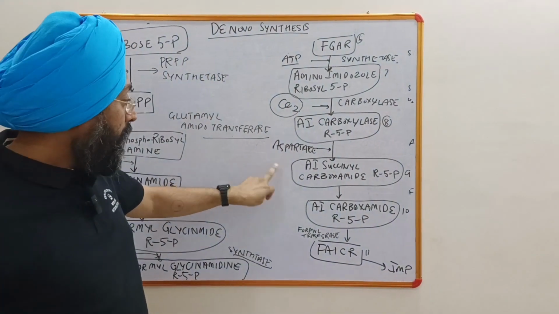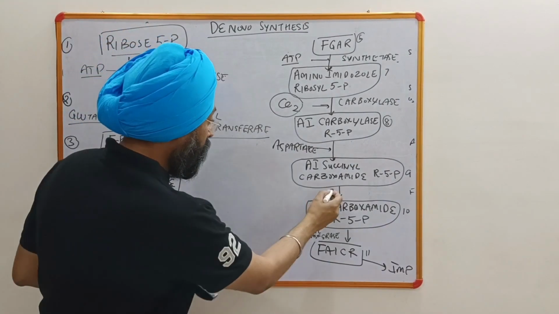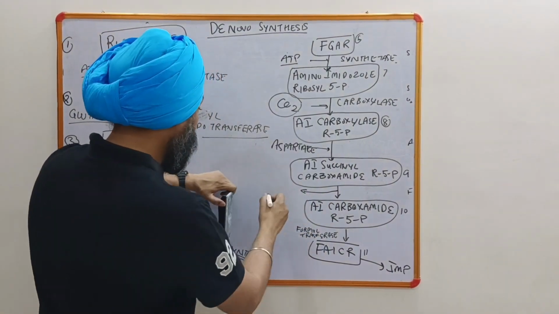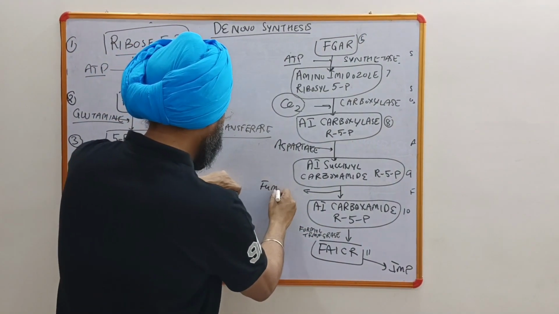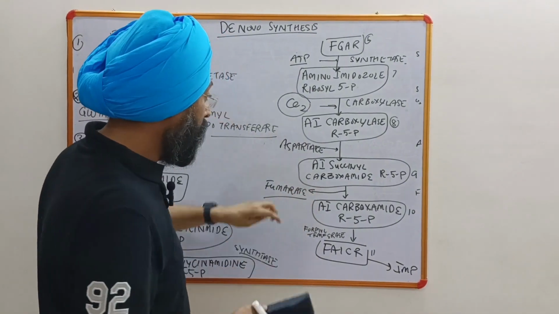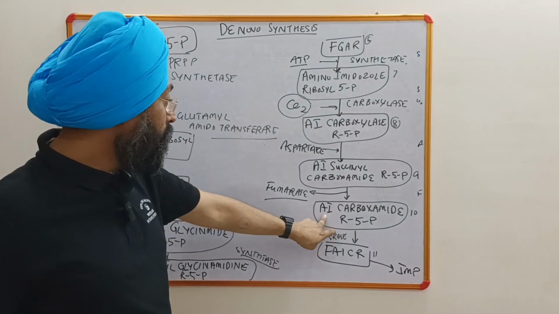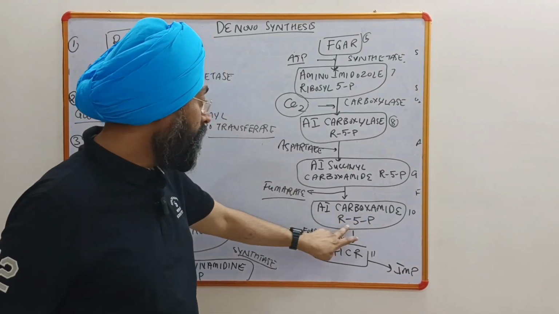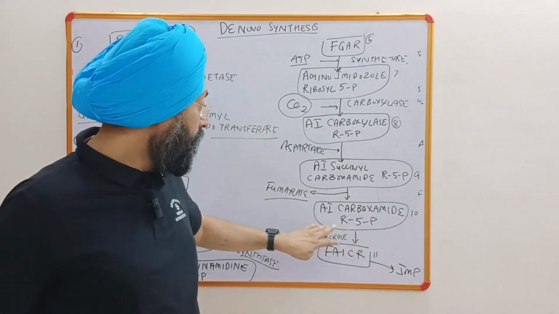Aspartate is added, and in the next step we get fumarate out. Fumarate will come out and we will get aminoimidazole carboxamide ribosyl 5-phosphate.